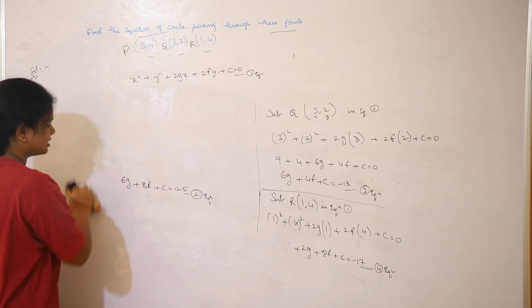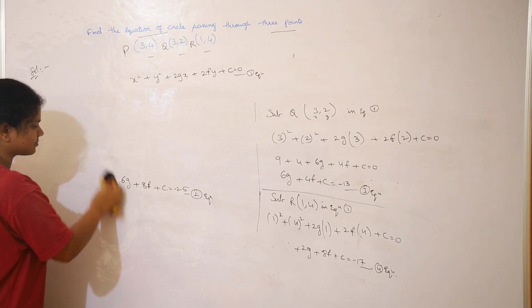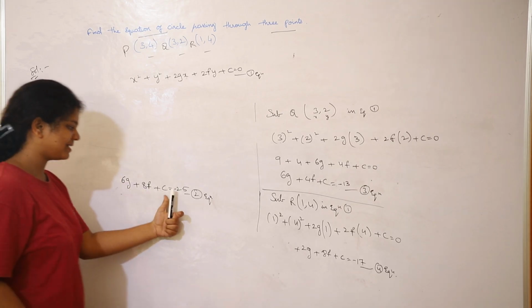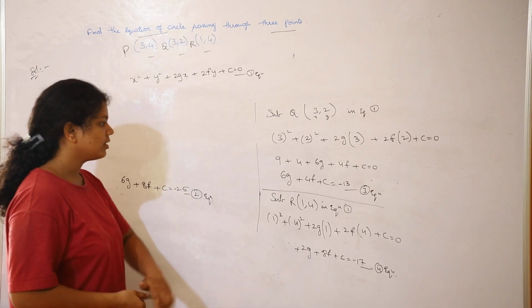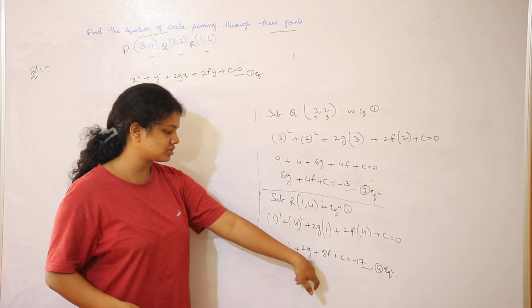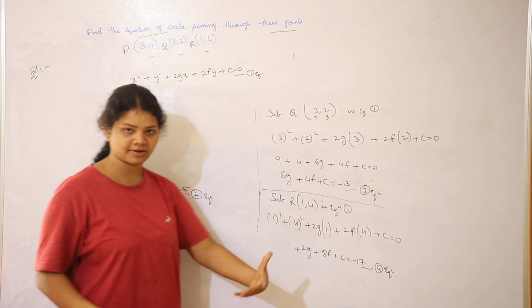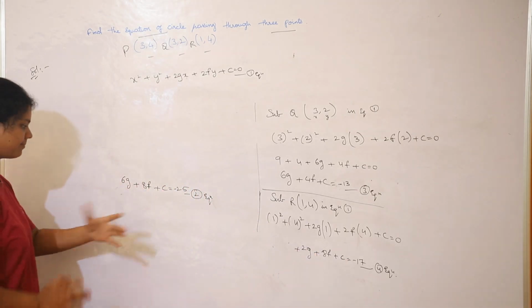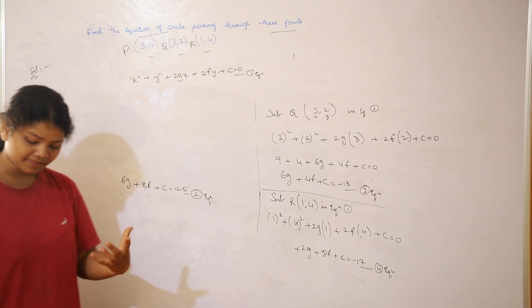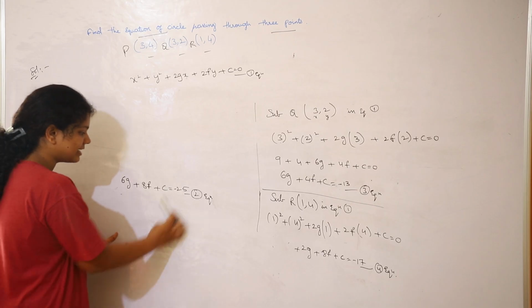Take a look over here. You have 6g plus 8f plus c equals minus 25, 6g plus 4f plus c equals minus 13, and 2g plus 8f plus c equals minus 17. Listen carefully: to find g, you should eliminate the f value and c value.